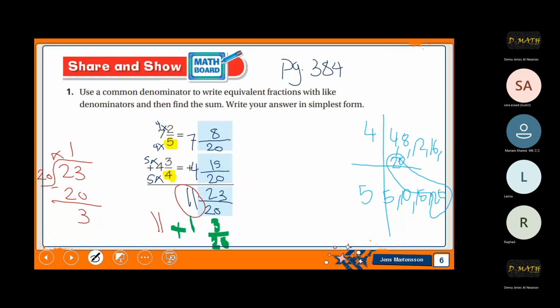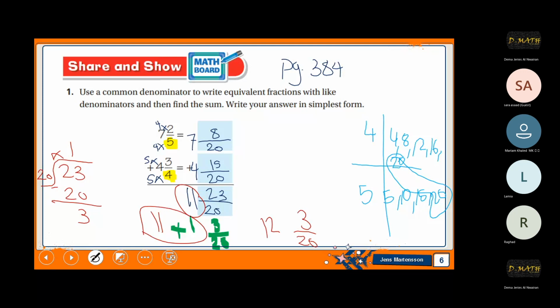What I did: 23 over 20 is 1 and 3 over 20. And here we have 11. So I will add the numbers together and keep the fraction out. Bravo. Here, what are the numbers we have? 11 plus 1, 12, and 3 out of 20.